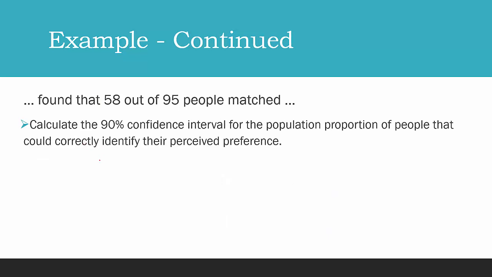Now that we know the sample proportions are approximately normally distributed, we can calculate the 90% confidence interval for the population proportion of people that would correctly identify their perceived preference. In other words, we want to find a confidence interval estimate of pi, a range inside which we're pretty sure pi falls.